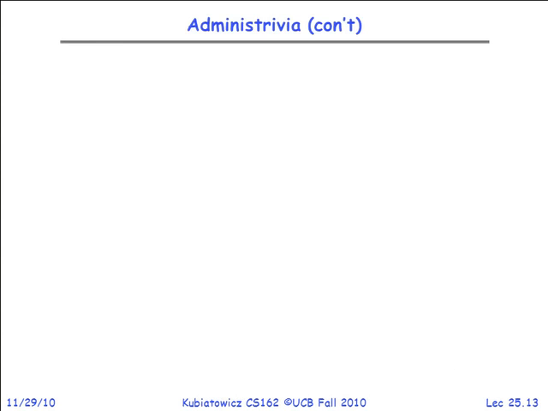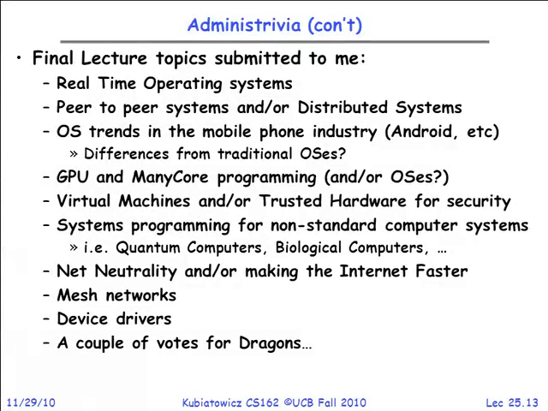Now, fortunately, I got lots of possible suggestions for the final lecture. Here's a list of them. Real-time operating systems, peer-to-peer systems and/or distributed systems, OS trends in the mobile phone industry, possibly with differences from traditional OSs, GPU and many-core programming, and I was assuming OSs that go along with it, although that person hadn't said that, virtual machines and/or trusted hardware for security issues, systems programming for non-standard computer systems like quantum computers and biological computers.